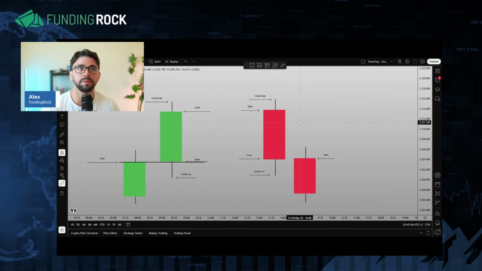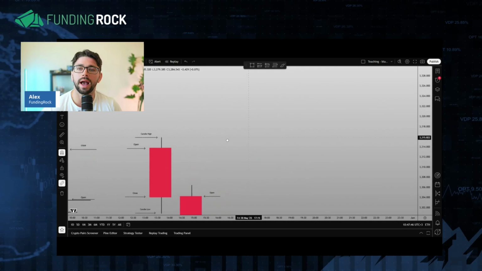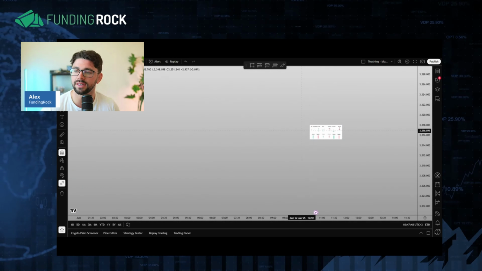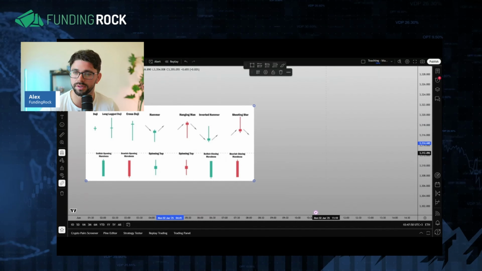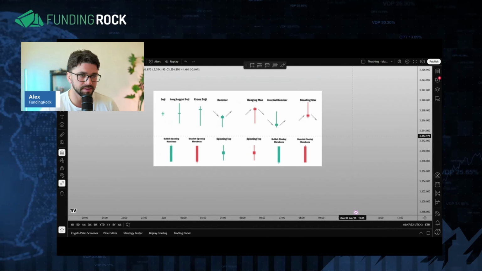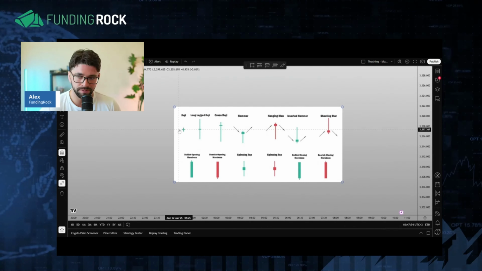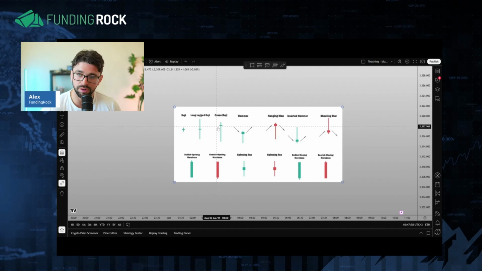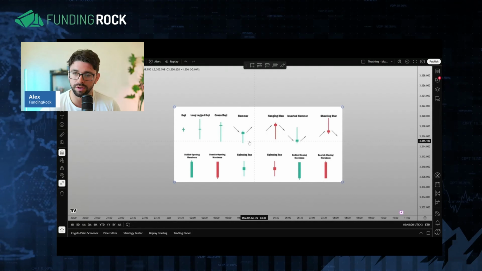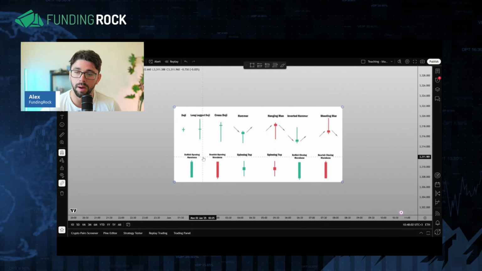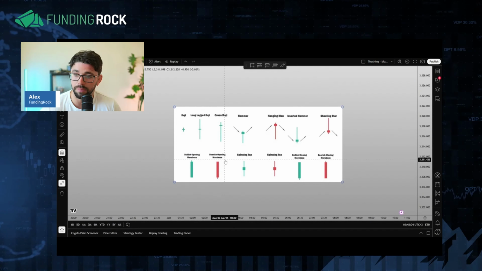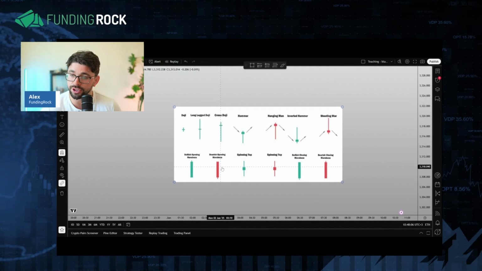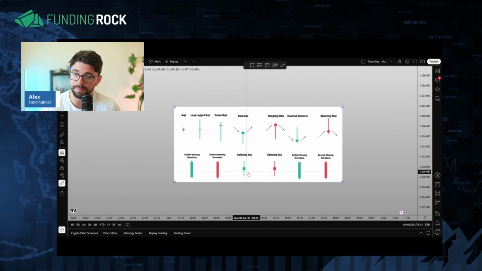Now, with Japanese candlesticks, you have many different patterns that can give certain types of information to us. And these are some of the basics: the doji, a long-legged doji, a cross doji, hammer, and so on and so forth. You have a bullish opening, a bearish opening, a spinning top.